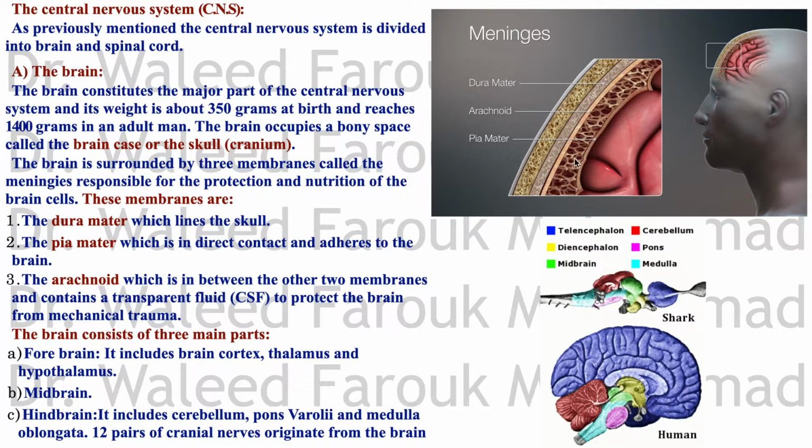The arachnoid has a fluid underneath it, in the space between the arachnoid and pia. It's called the subarachnoid space. It's filled up with the cerebrospinal fluid, CSF. The cerebrospinal fluid acts like a cushion around the brain to prevent it from being affected by collisions, meaning mechanical trauma.